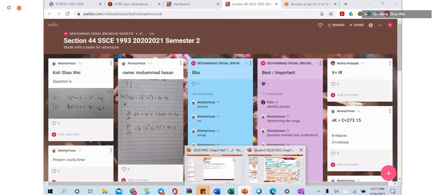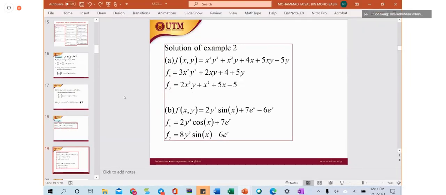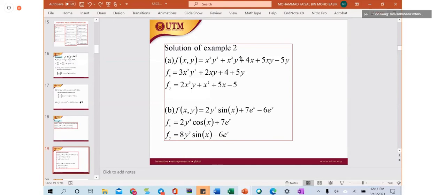Okay, good. So, second one, okay, there's a solution there. So see whether there is something wrong or I'm afraid some typo there. 3x squared y squared and 4. Okay, this is okay, right.